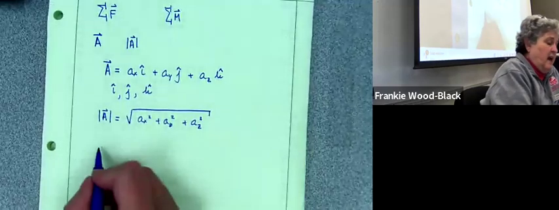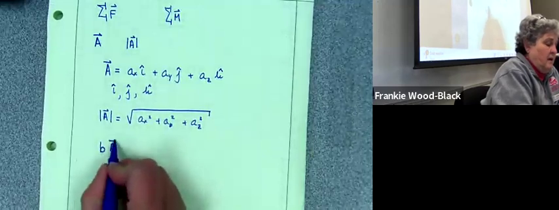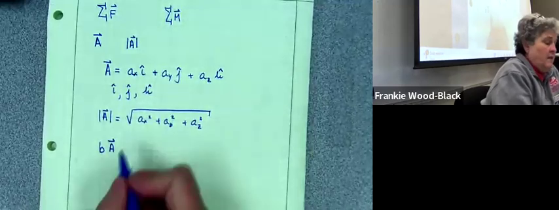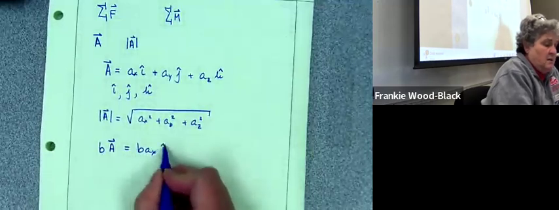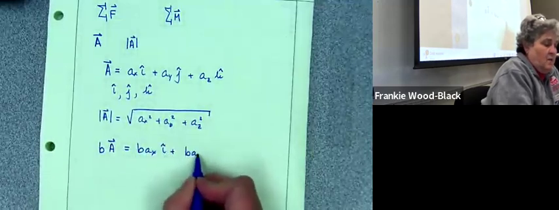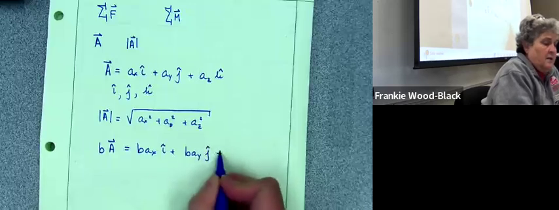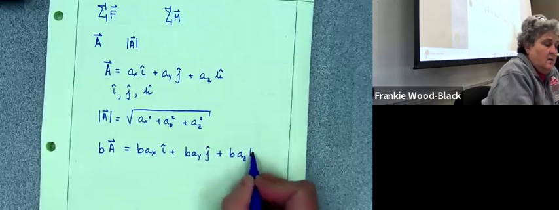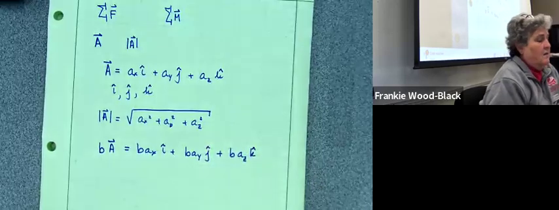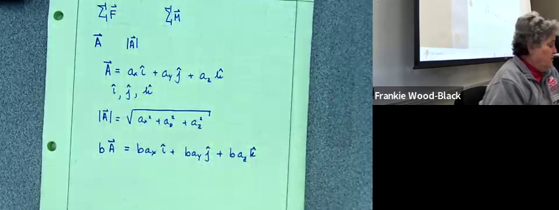But remember that if I have a scalar product like B with my A, that is going to be BAx plus BAy plus BAz. So you would have that, and we can play with those scalars.